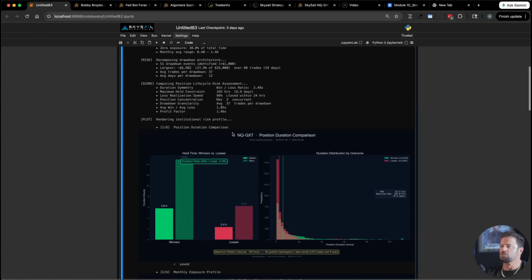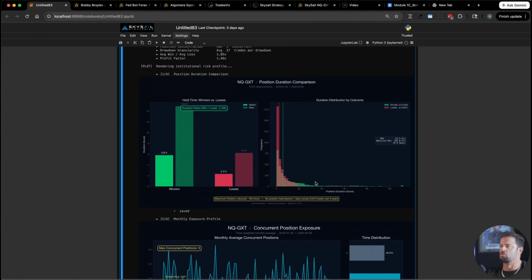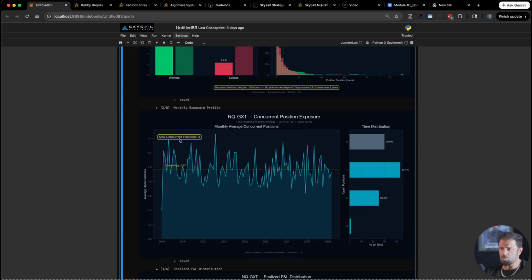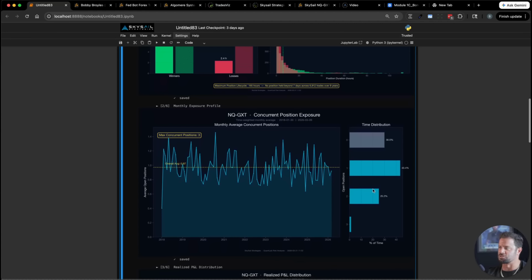Okay. So we're going to talk about a little bit more of this stuff, but the first thing I'll show you is that the max concurrent positions on our system over 7 years has been 3. Okay. And that's 3 in the same direction on the same asset. Which means that there's no chance that our system is warehousing risk. Okay. And we're going to talk about a few more of these things, but I wanted to give you a sneak peek.